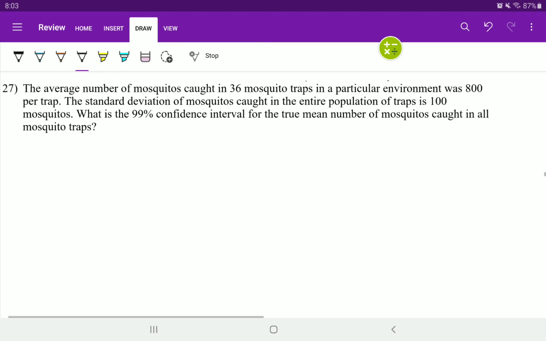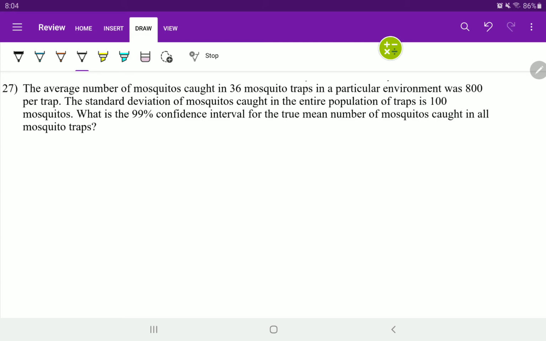Now, number 27 says, the average number of mosquitoes caught in 36 mosquito traps in a particular environment was 800 mosquitoes per trap. The standard deviation of mosquitoes caught in the entire population of traps is 100 mosquitoes. What is the 99% confidence interval for the true mean number of mosquitoes caught in all mosquito traps?